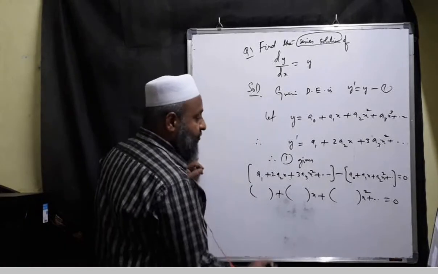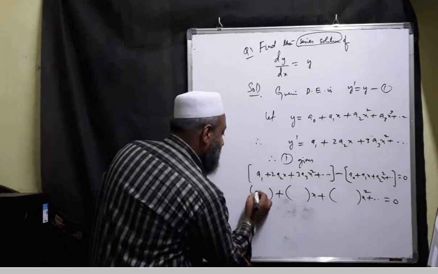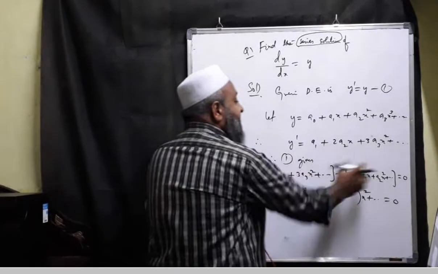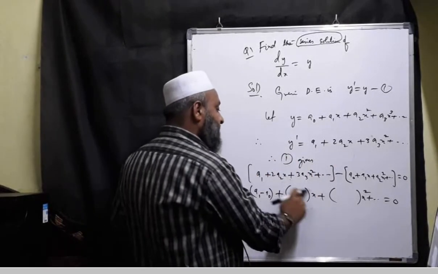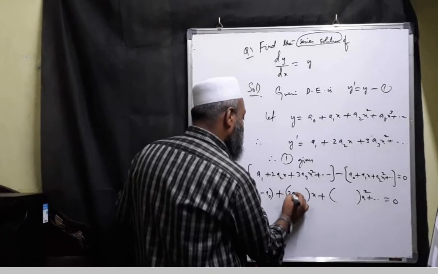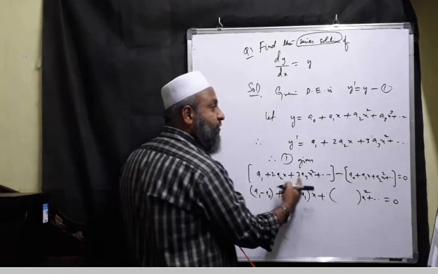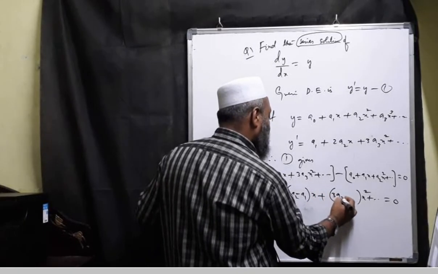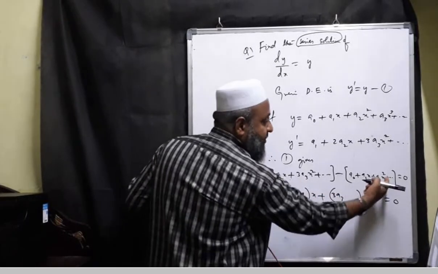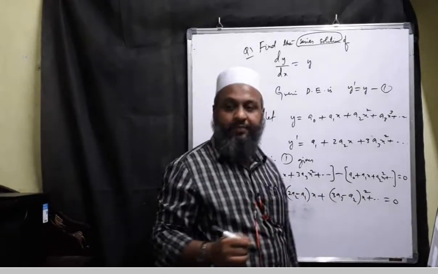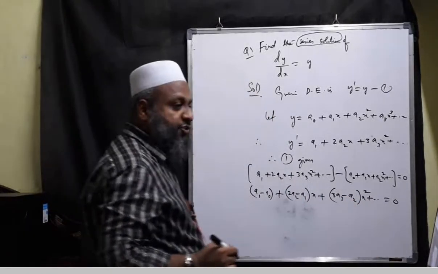Back to the point, what is the constant term? After simplifying the LHS, the constant term is a1 minus a0, the coefficient of x is 2a2 minus a1, and the coefficient of x square is 3a3 minus a2, and so on. If you want, you can take the screenshot.